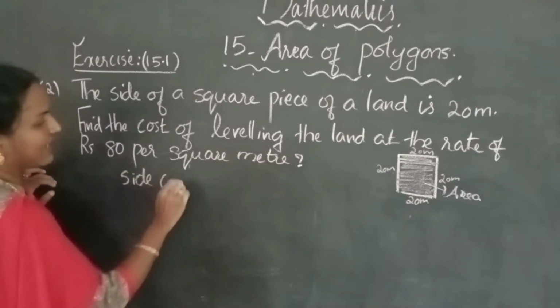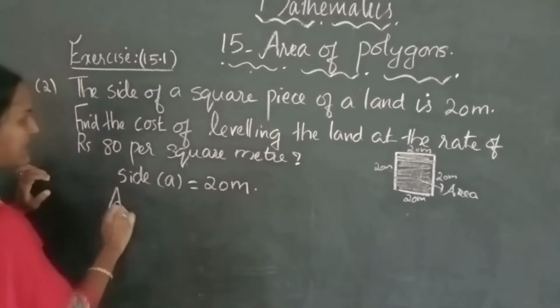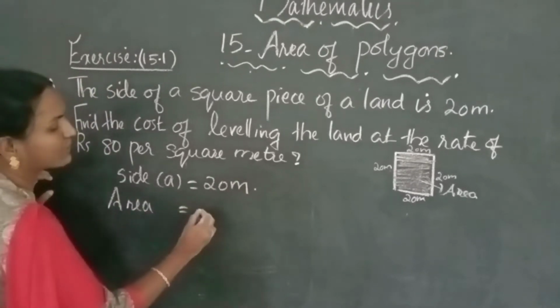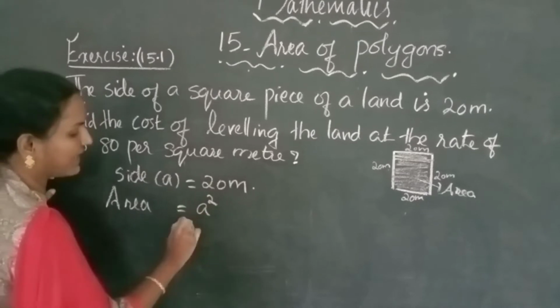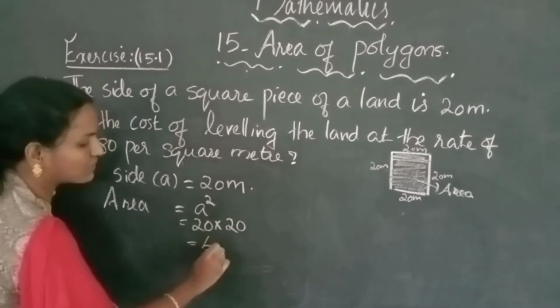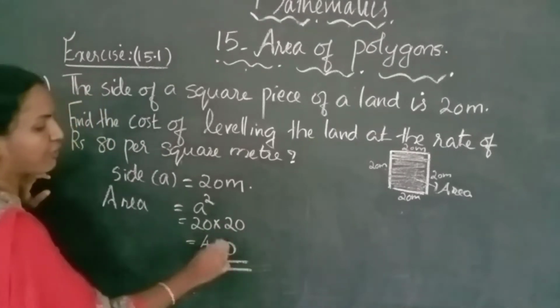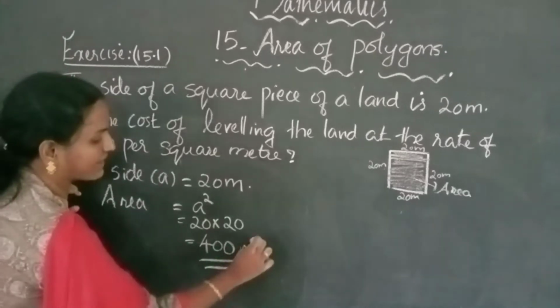Side A is equal to 20 meter. Area is equal to A square, A into A, is equal to 20 into 20, 400. Area is 400 meter square.